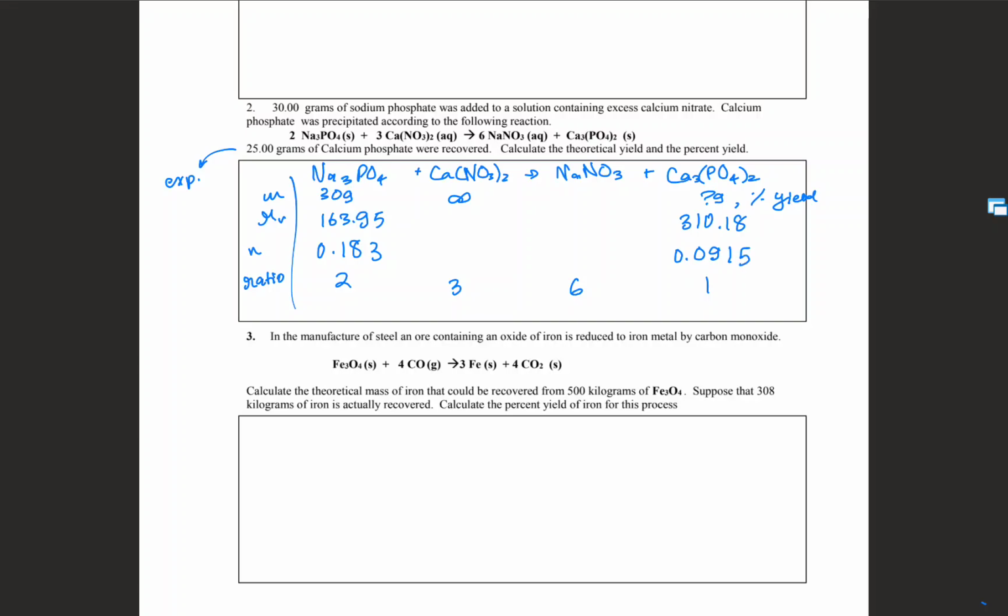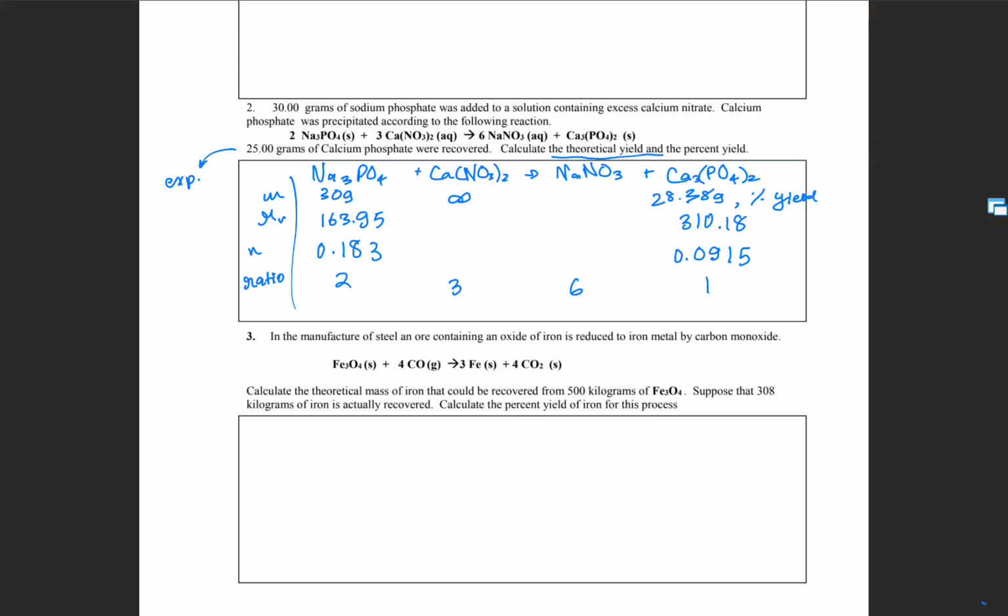That will give us around 0.09145. Now that we know the moles and the molar mass, we can find the mass by multiplying them. Multiplying 310.18 by 0.0915 gives us 28.38. This is the theoretical yield.